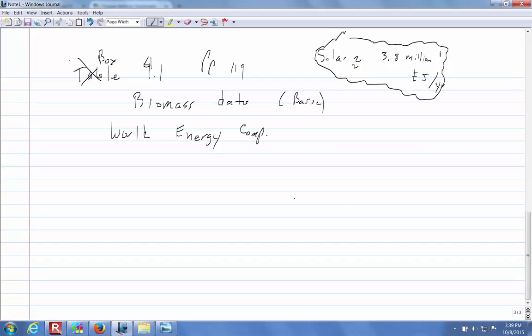Okay, but bioenergy, world energy comparisons. There it is. We look at the rate of energy storage by land biomass.